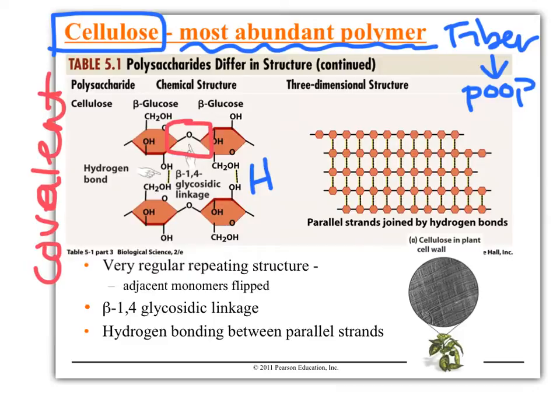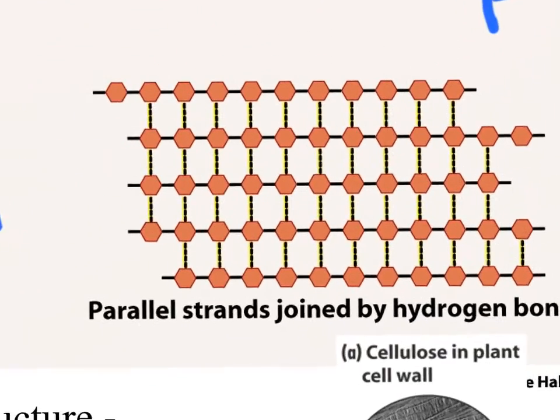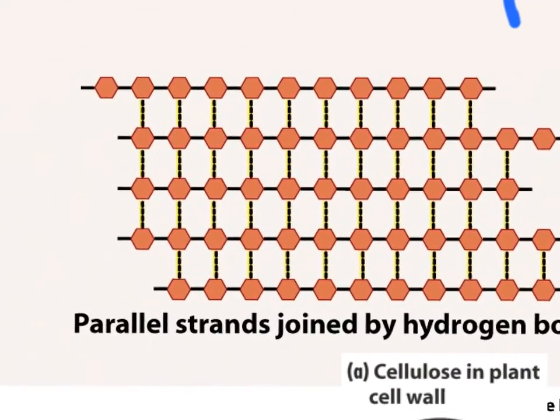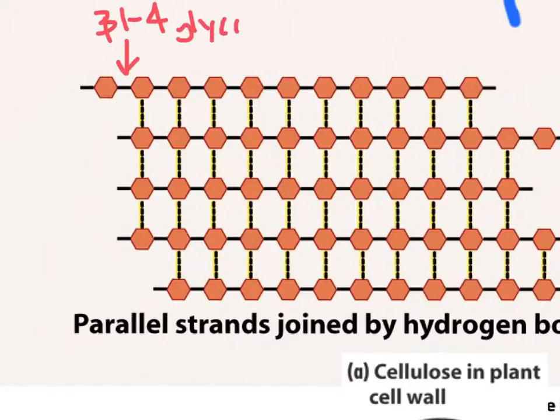Yes, hydrogen bonds. So if we want to zoom in, which of course we do, we would look at these. These are the beta 1,4 glycosidic linkage, which is covalent.